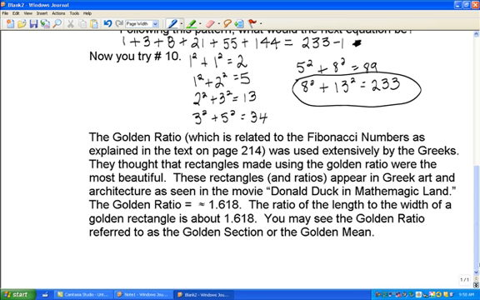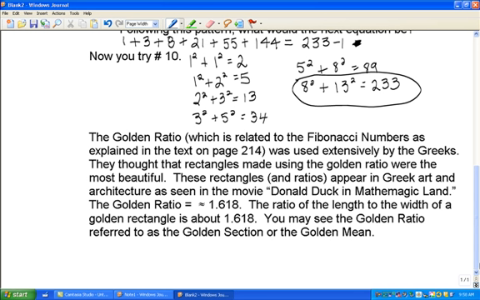Okay, the golden ratio, which is related to the Fibonacci numbers as explained in the text on page 214. They show how they begin to form ratios of the Fibonacci numbers, and those ratios approach a number which is called the golden ratio. It was extensively used by the Greeks.